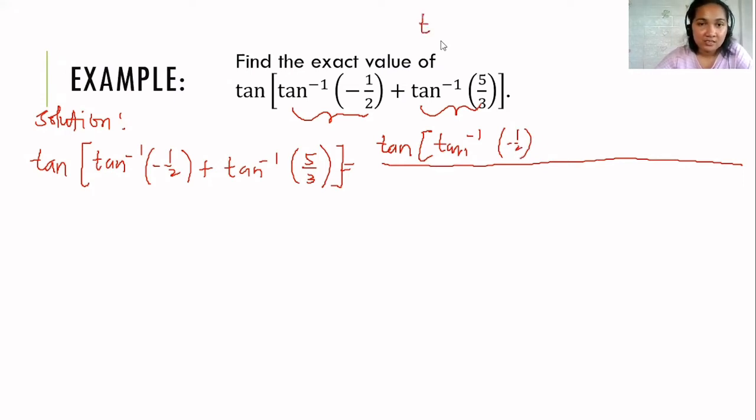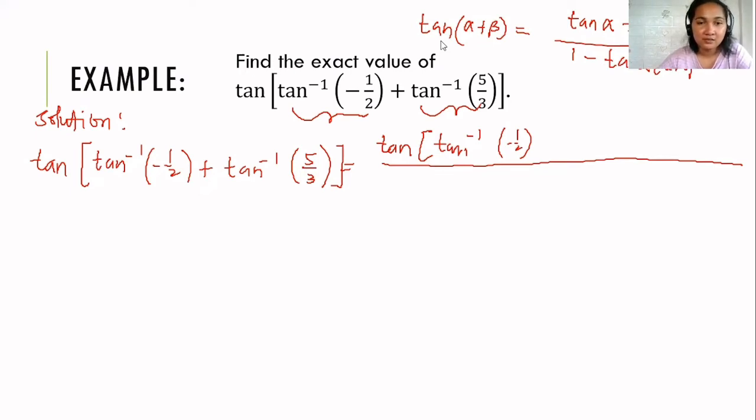For the sum of two angles alpha and beta, the tangent of alpha plus beta is equal to tangent alpha plus tangent beta, all over 1 minus the product of tangent alpha and tangent beta.